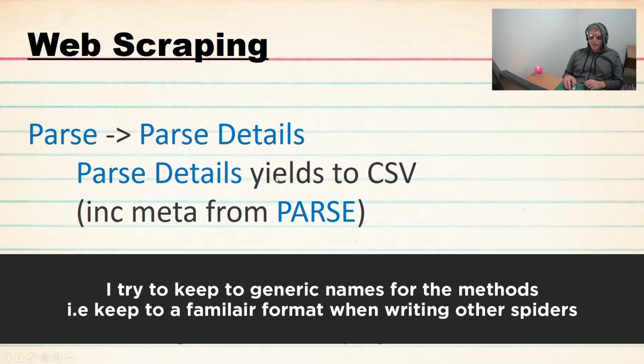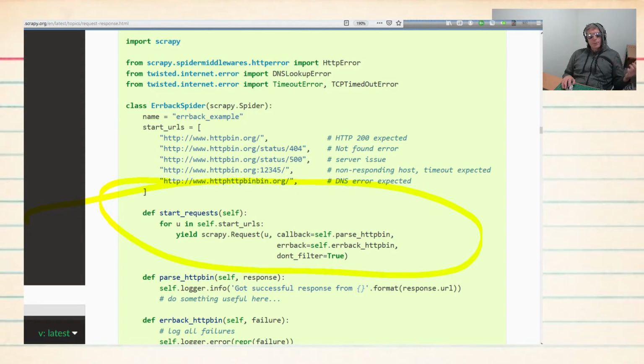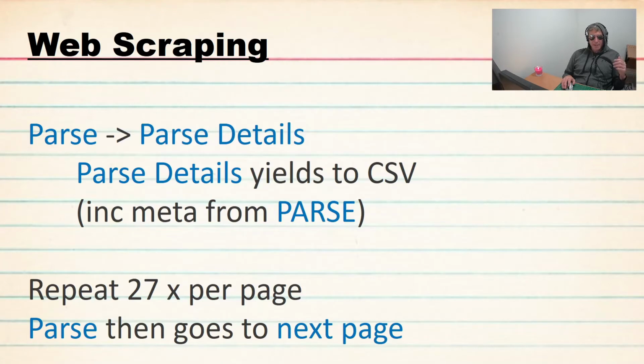Parse will get a response from the implicit method, which is start requests. These are all Scrapy methods, by the way, so if you're not familiar with Scrapy, just hang in there because it's not quite as overwhelming as you might think. Effectively, you can write a spider with just one method, if you're only getting details from the parent level.